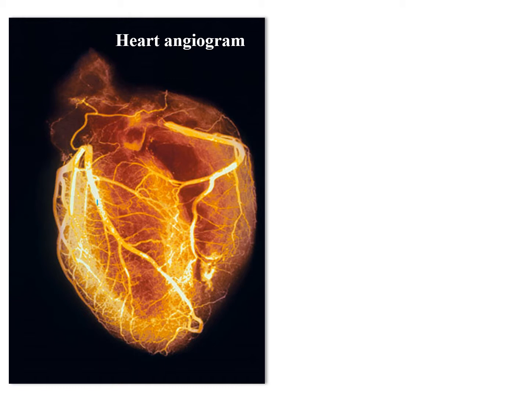Where, again, if there's a blockage, let's say where I'm drawing here in blue, we would be able to see that as diminished blood flow in these areas downstream of the blockage. So angiograms are very useful for cardiologists to look at the heart and specifically address, is there any deficiency in blood flow going to the muscles of the right and left ventricles?